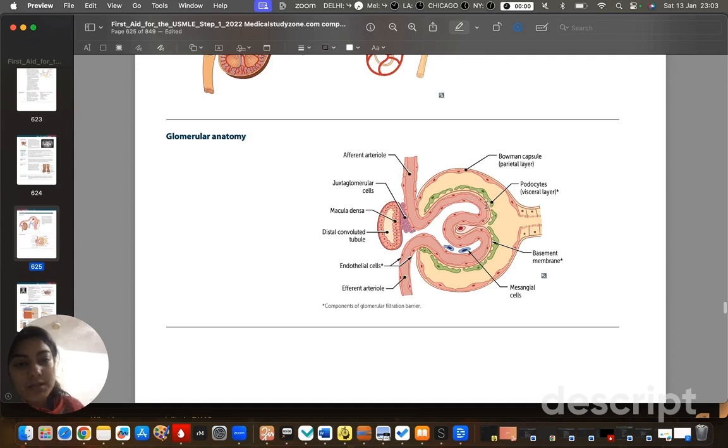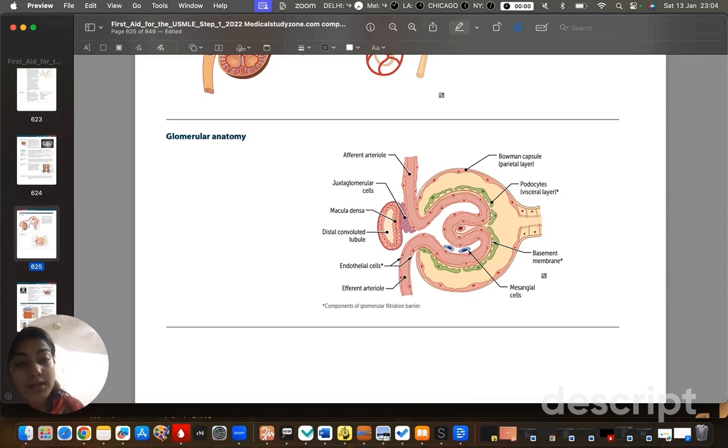For example, the podocytes and the basement membrane, the gap between them has a particular figure, less than 100 nanometers. I read it. So anything above that will not go through, and will just come back out into the efferent arterioles.